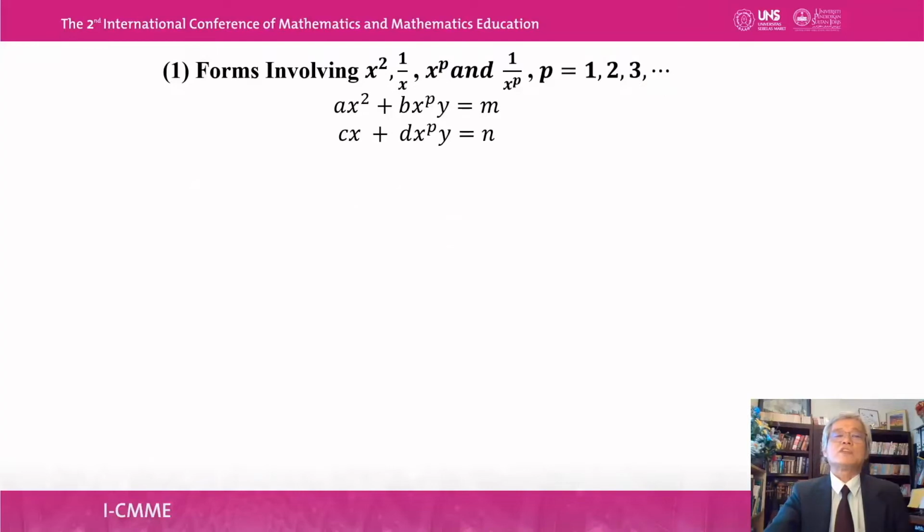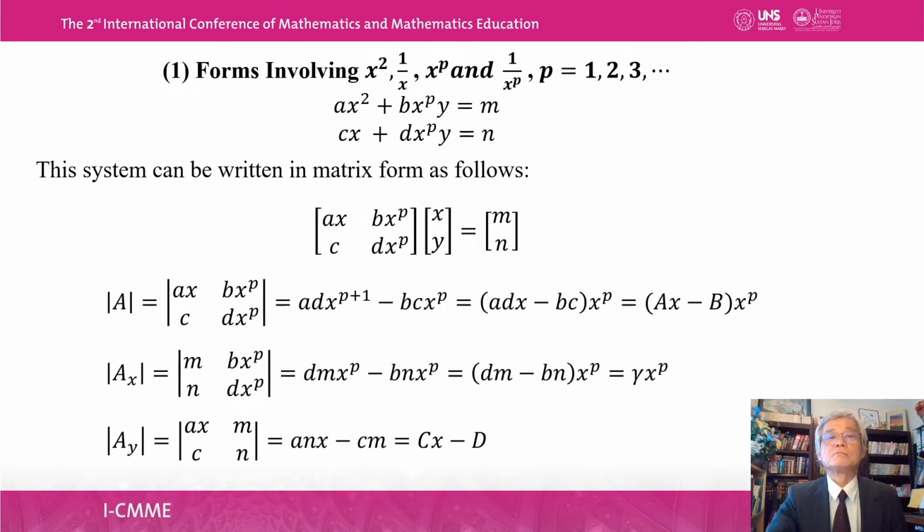Now let us look at the first form that involves x squared, 1 over x, x power p, and 1 over x power p, where p is an integer. We first put the given set of equations into matrix form. Then we define the determinant of A, A of x, and A of y in the normal way, following Cramer's rule.